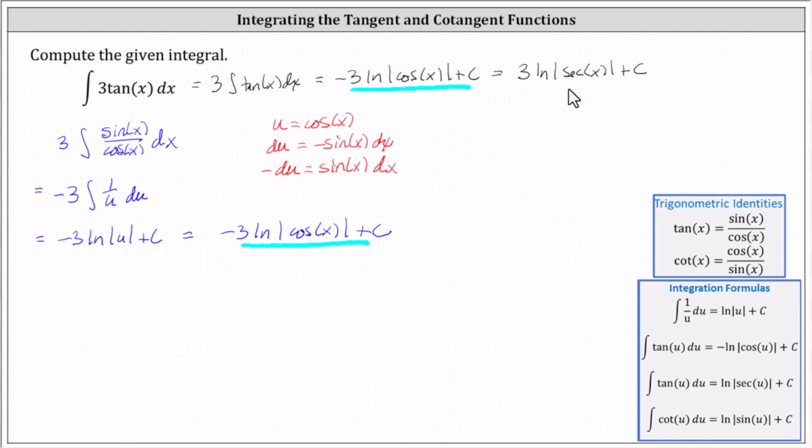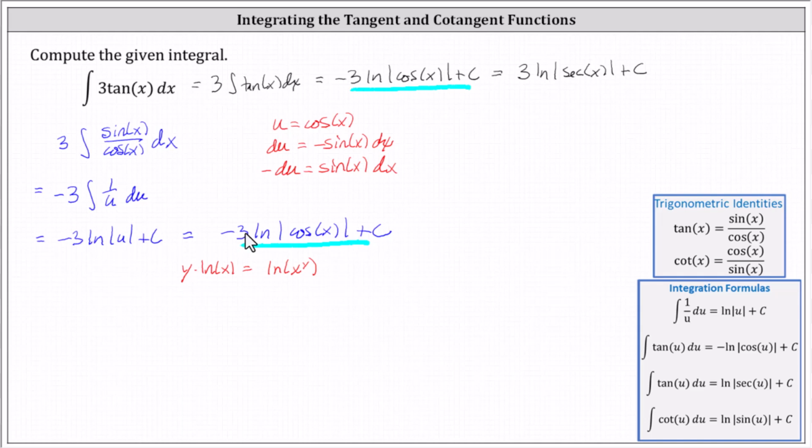And now to show this is equal to 3 natural log of the absolute value of secant x plus c, we'll need to use the power property of logs, which remember states that y times natural log x equals natural log x raised to the power of y. Right now, notice the coefficient is negative 3, which is equivalent to 3 times negative 1.